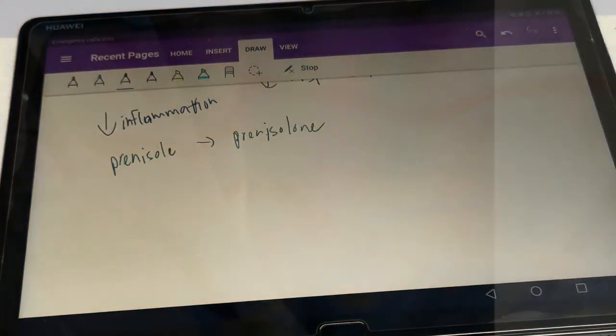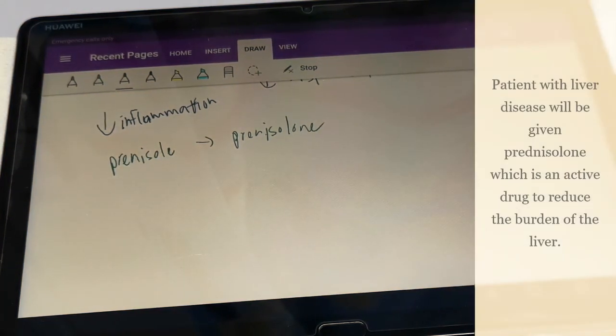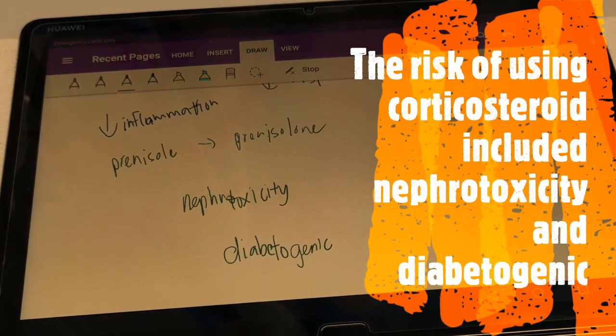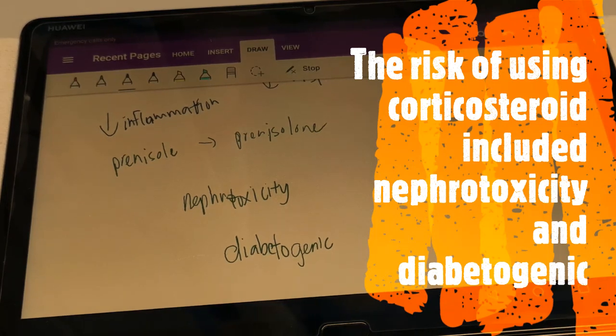Patients with liver disease will be given prednisolone, which is an active drug, to reduce the burden of the liver. The risks of using corticosteroids include nephrotoxicity and diabetogenic effects.